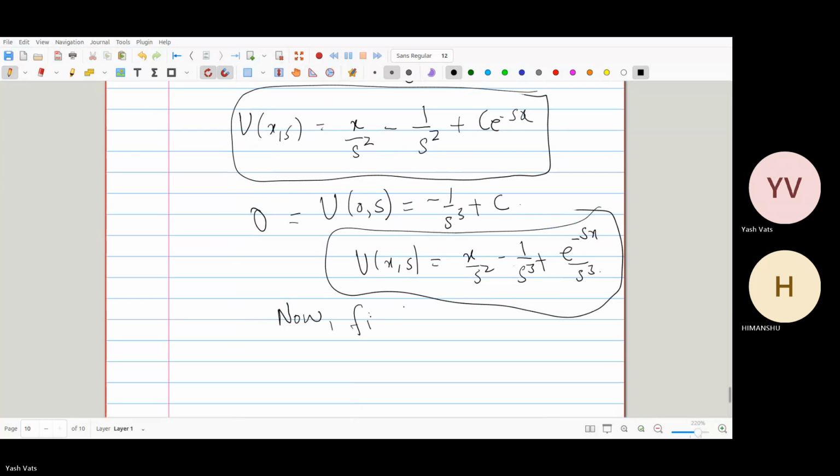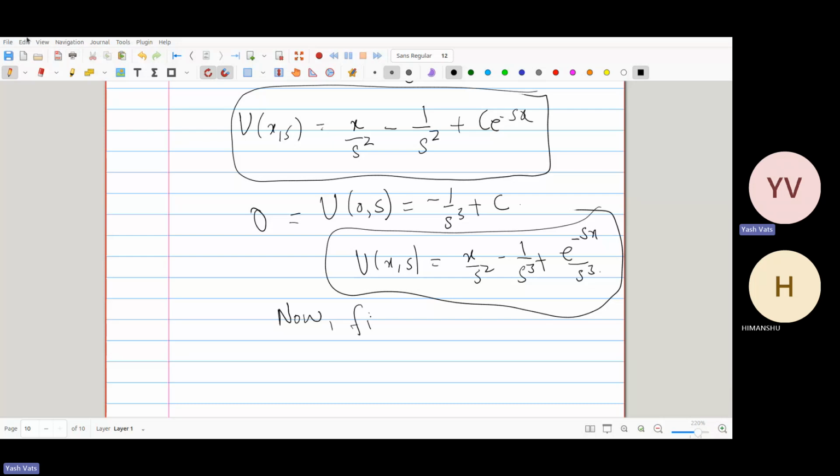Now find the inverse. What happened to my pen? Okay, my pen is not working. Okay, so I would suggest just try to find the inverse Laplace transform.